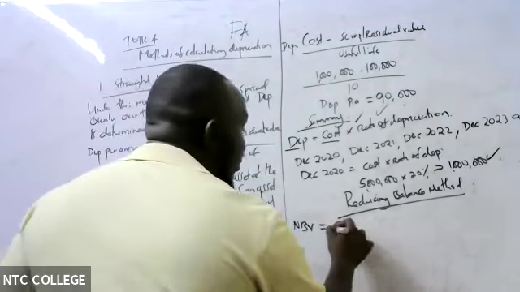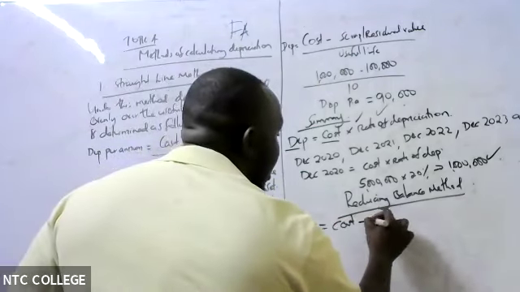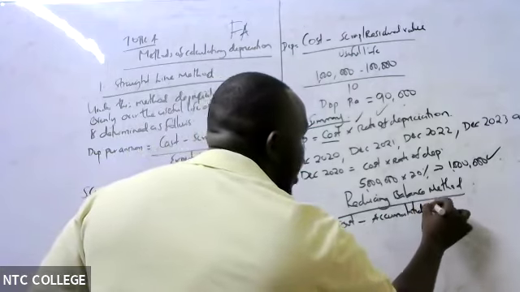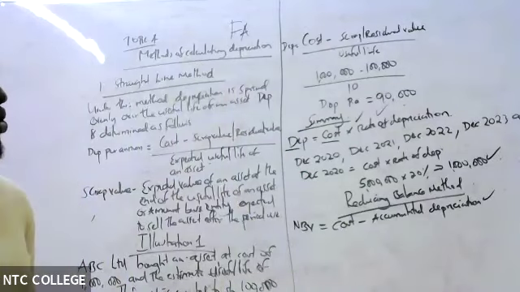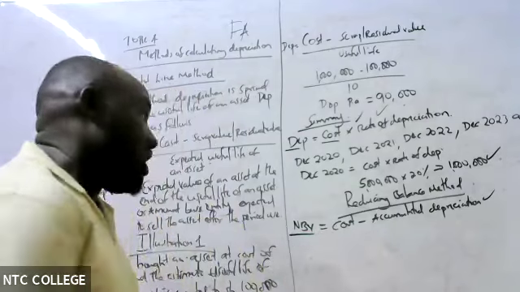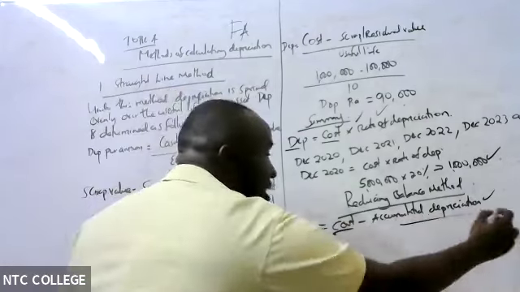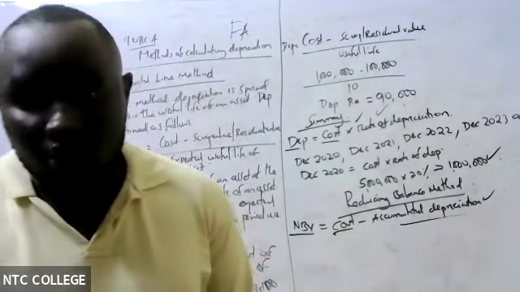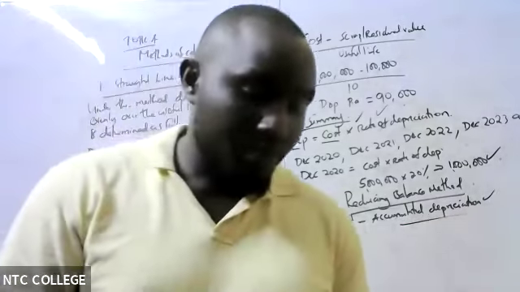Net book value is equivalent to cost minus accumulated depreciation. So when we talk about reducing balance, we calculate depreciation based on net book value, and net book value is cost minus accumulated depreciation. Together, team.